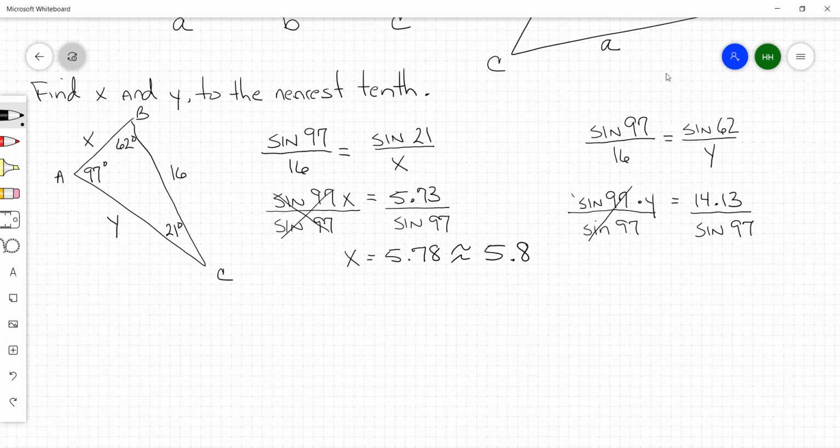These will cancel, and your y is equal to 14.23, to the nearest tenth, 14.2.